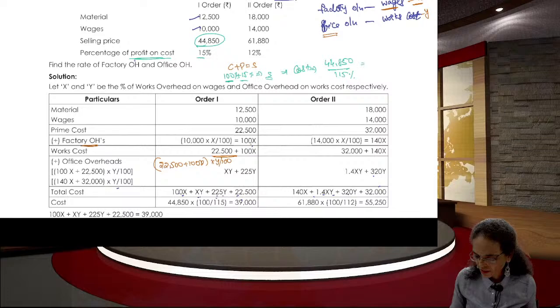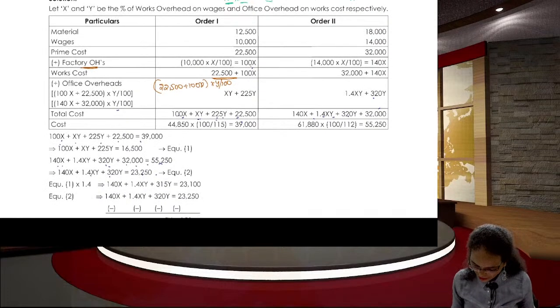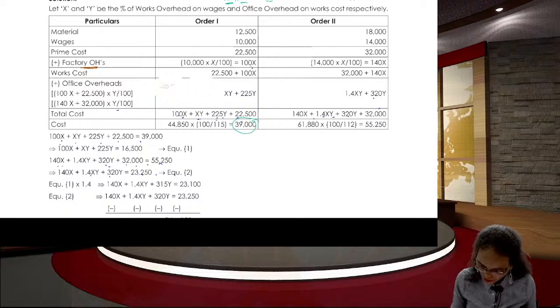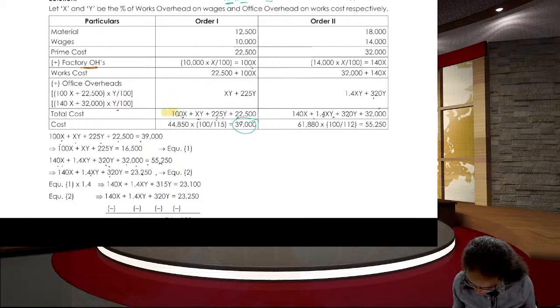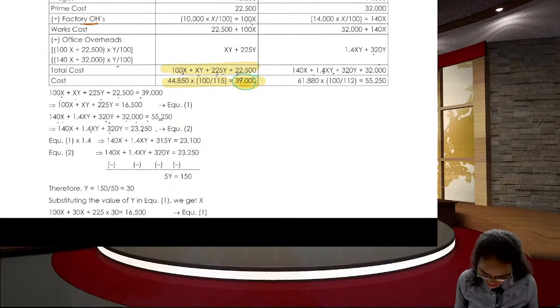That is 39,000 rupees incurred. So 39,000 rupees is the cost. So when you calculate this one, you also got this equation equal to 39,000. Total cost equal to 39,000. You assume that this is the first one, equation 1.